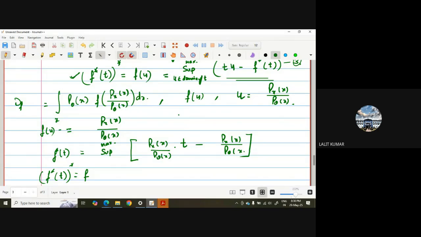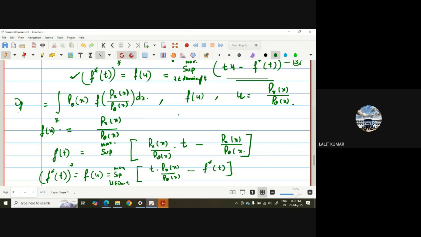Okay, I'm back. When you take the second conjugate, we know it becomes equal to f(u), which is tu, so t into p_X(x) over p theta of x, minus f star of t, with a sup max where u belongs to the domain of t.